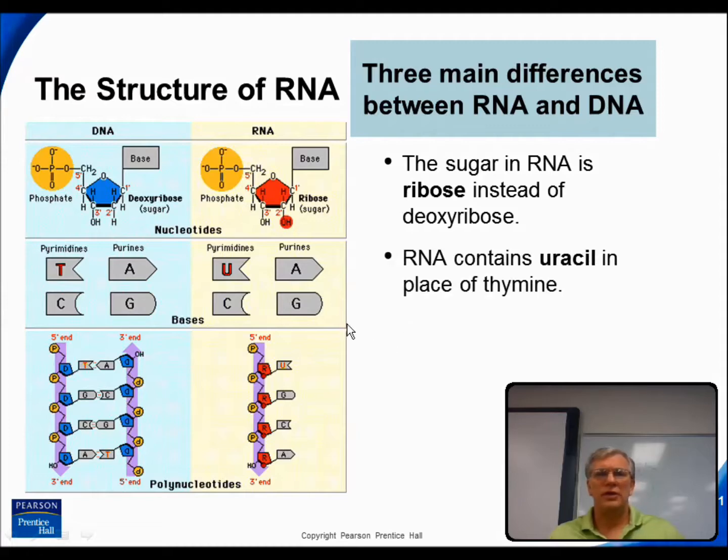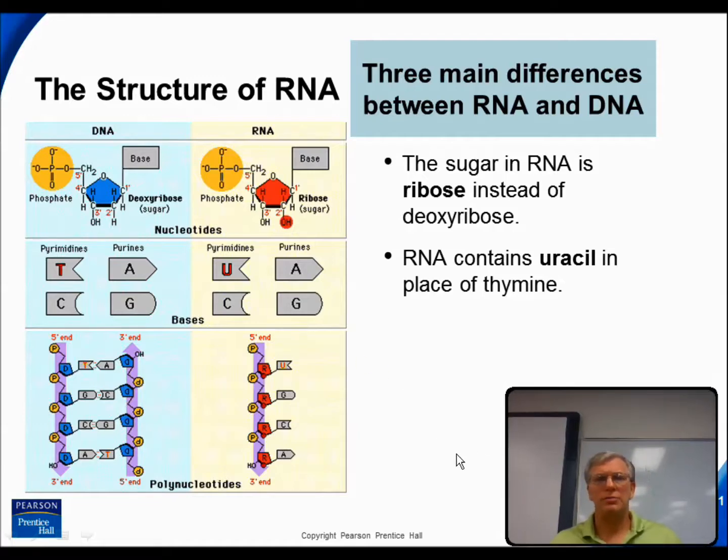The second difference is that RNA has no T's. There are 4 bases in RNA, just like in DNA. However, there are no T's. Instead of thymine, RNA has what's known as uracil, U. So when complementary base pairing comes along, when something in RNA needs to match up with an A, since there are no T's, U's will match up with A's.